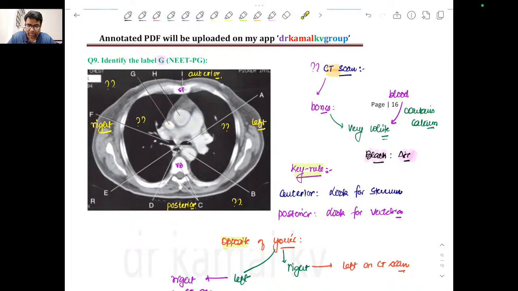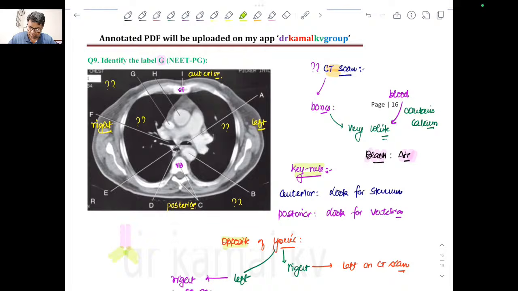Now let us take the labels one by one. This is one black area, this is another black area. These are actually the main bronchi, because suppose this is the trachea, it will divide into two bronchi, isn't it?